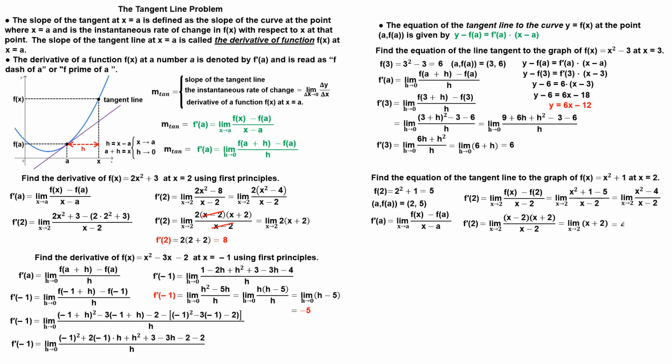We now use the equation of the tangent line to the curve f of x with the slope m equals 4 and the point 2 and 5.